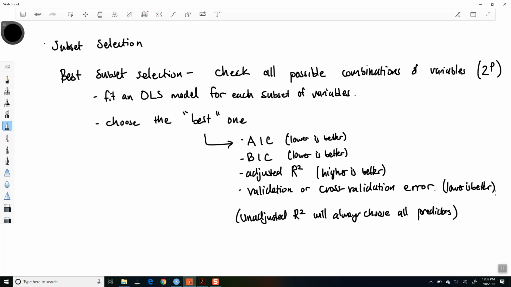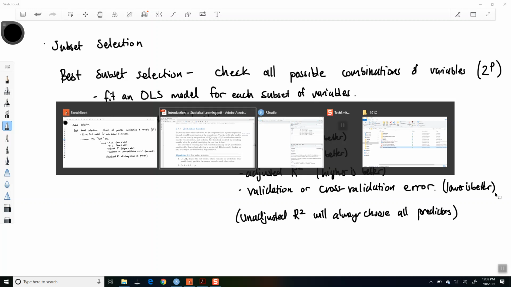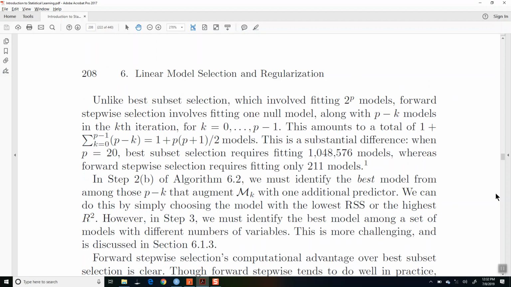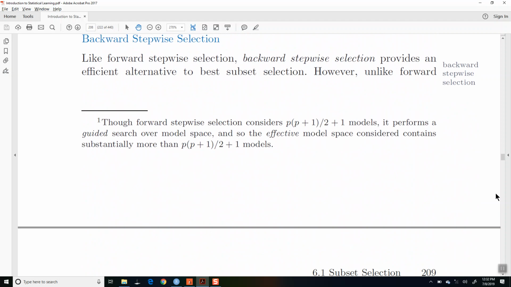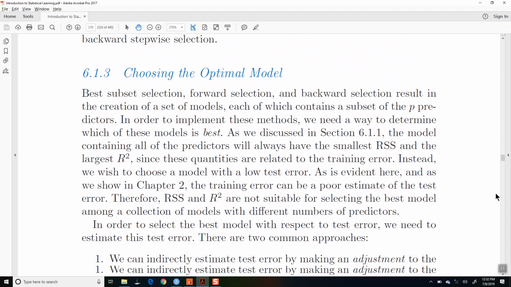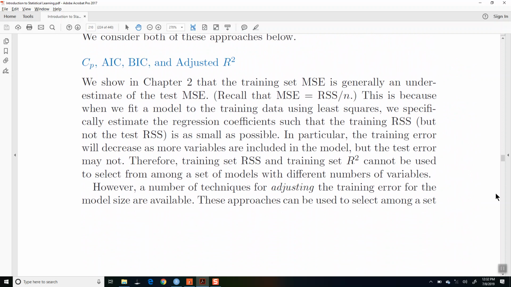Well, what's the difference between AIC and BIC? Let me find it, it's somewhere in here. Oh, yeah, and then they have Cp, which is basically the same as AIC.